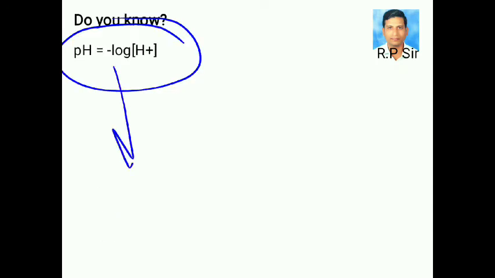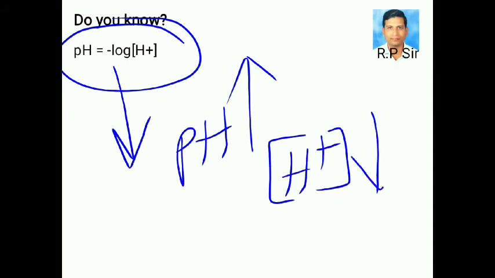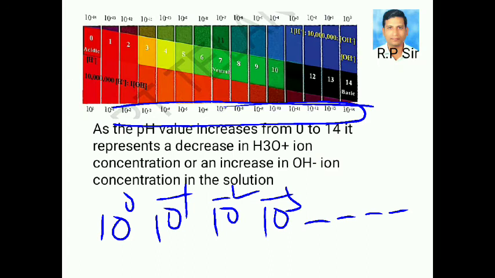This negative sign indicates as pH value increases, the hydrogen ion concentration decreases.